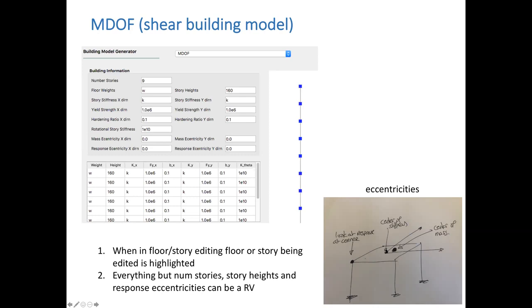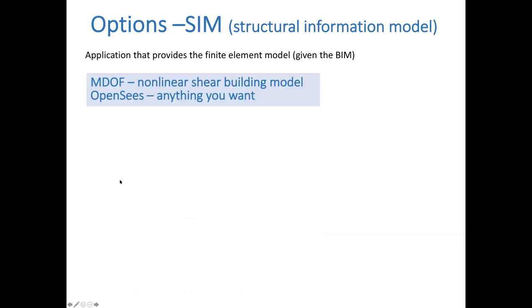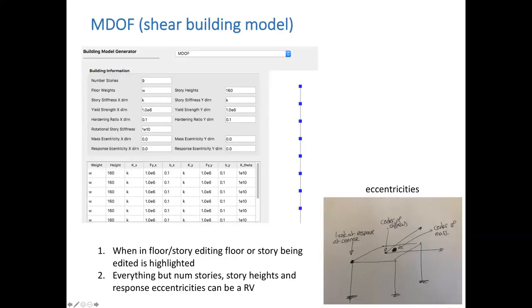By default, all the results are for the center of stiffness. And as I mentioned, each of these represents a story or a nodal mass, and you can go in here and edit the individual quantities directly. When you go in here and edit, it should highlight which story or node you're dealing with.